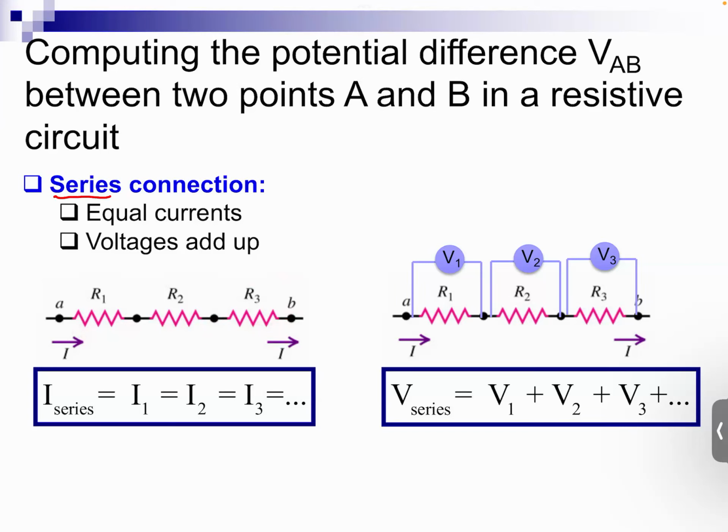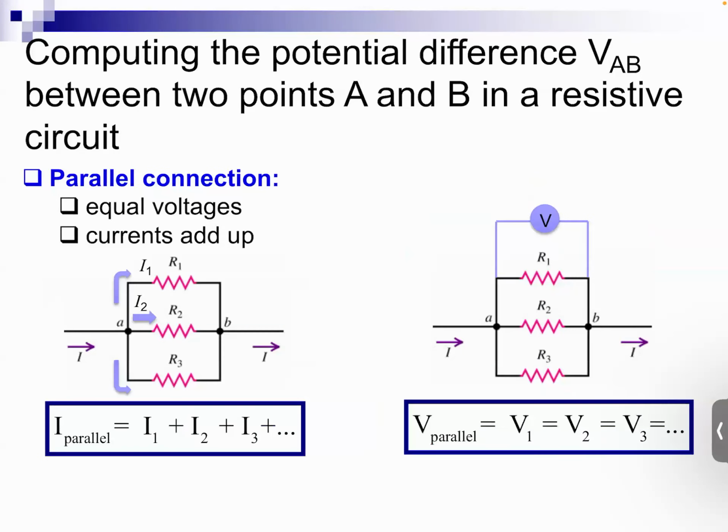And in terms of voltages, when the resistors are connected in series, the voltages add up. So the voltage across R1 plus the voltage across R2 plus the voltage across R3 will be equal to the voltage across the series connection.